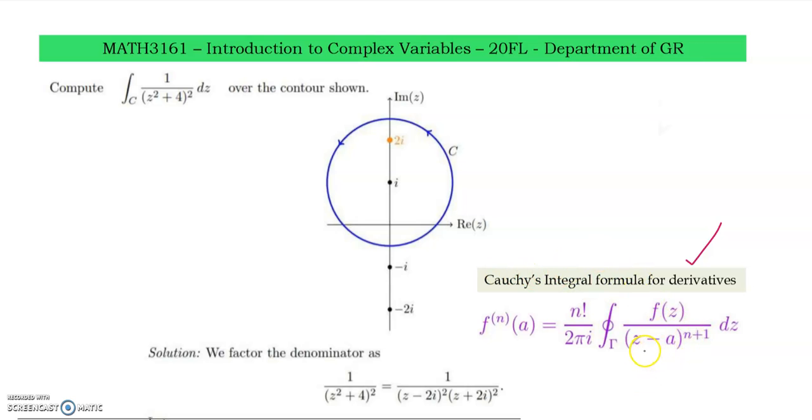If the degree of this term z minus a is more than 1, you go for the Cauchy integral formula for derivatives. Here the degree is n plus 1 in the general rule. So what is n? n plus 1 is equal to 2, so n is 1.